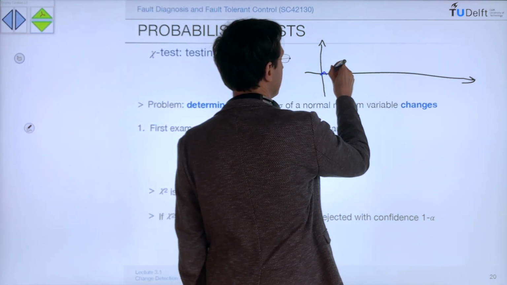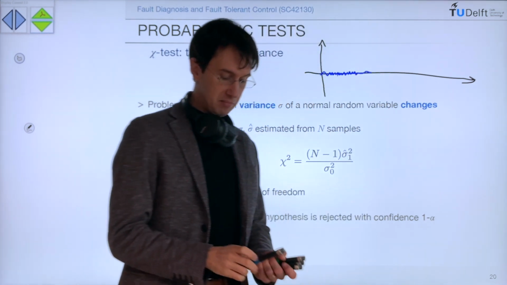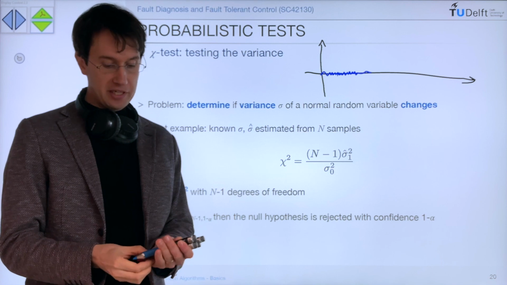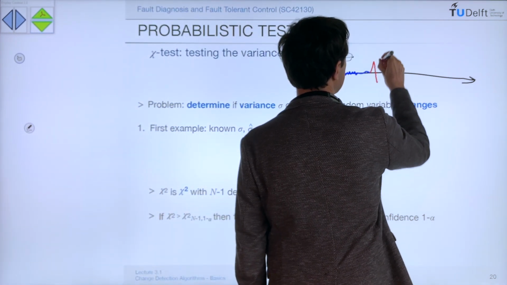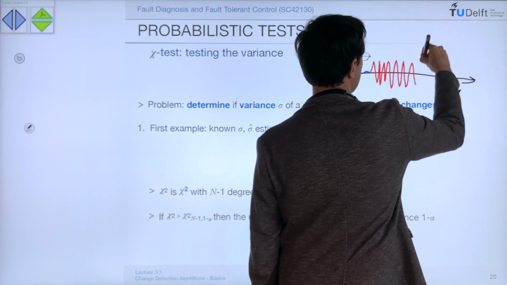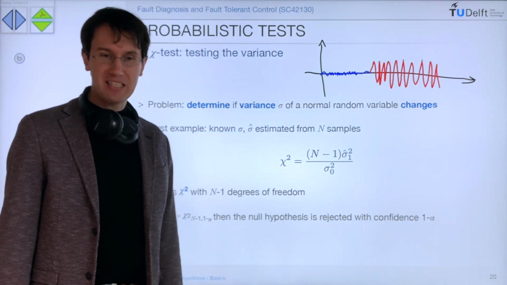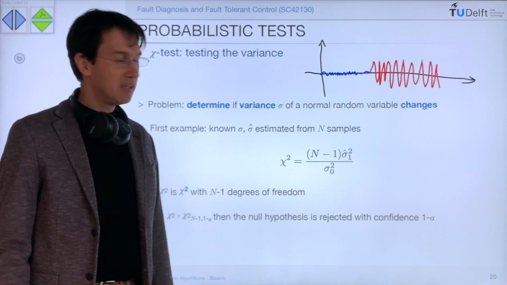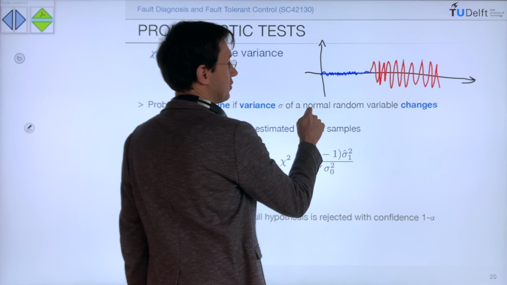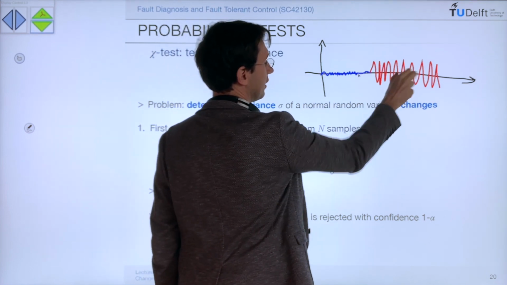But normally it is like that, with some noise. But then because of a failure of an electronic component on the circuit, the noise level is getting much bigger. And this is what you want to detect. You want to detect a change in the variance of the signal. Because of course, if you compute the variance over a time window, here the variance is small, here the variance is big.